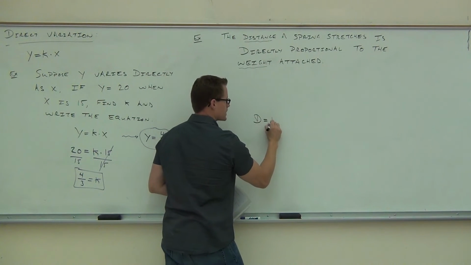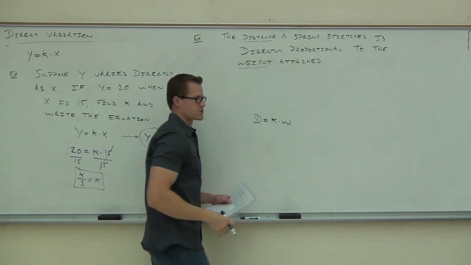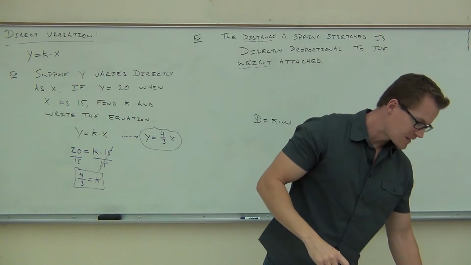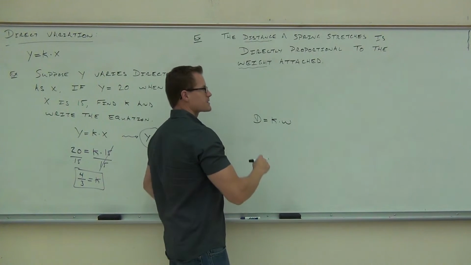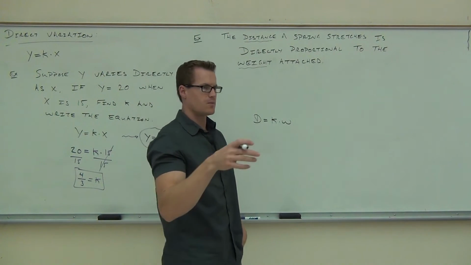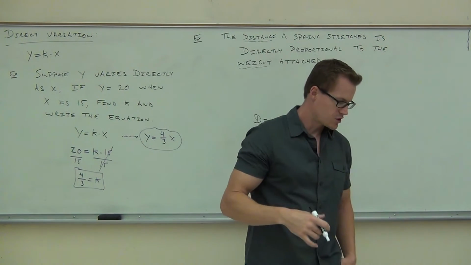So d equals k times w. We got that from our very first sentence. Then it has to give you some information. Let's say a 56-pound weight on this spring stretches at 8 inches.